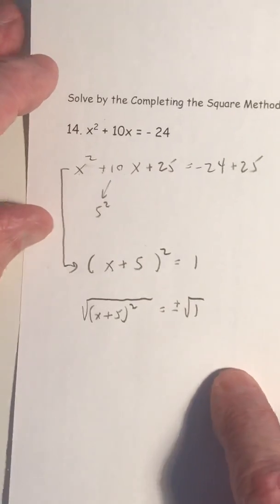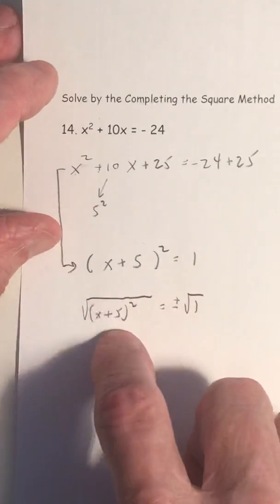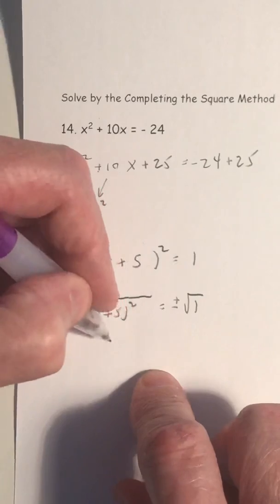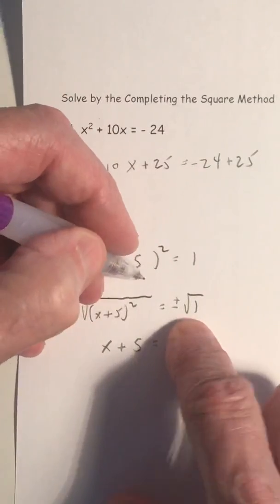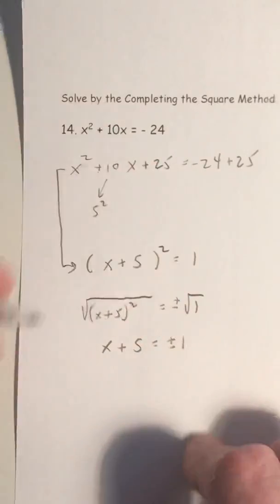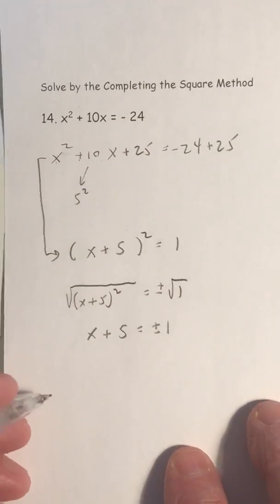Okay? Now, the square root of x plus 5 squared is just good old x plus 5. Square root of 1 is just 1, so I have plus or minus 1. Almost finished.